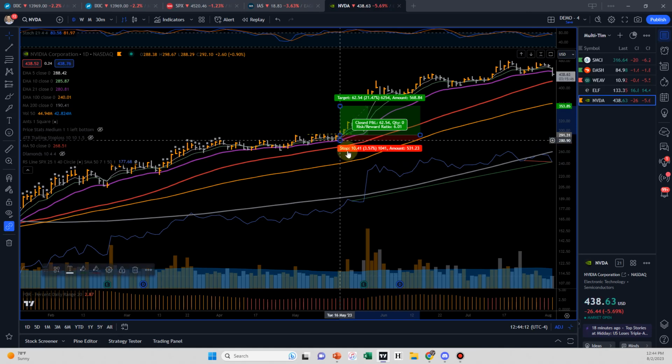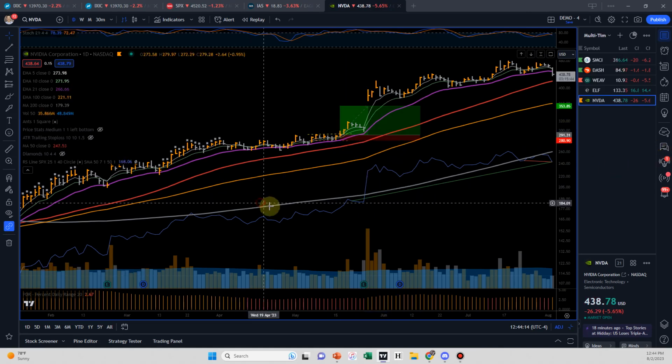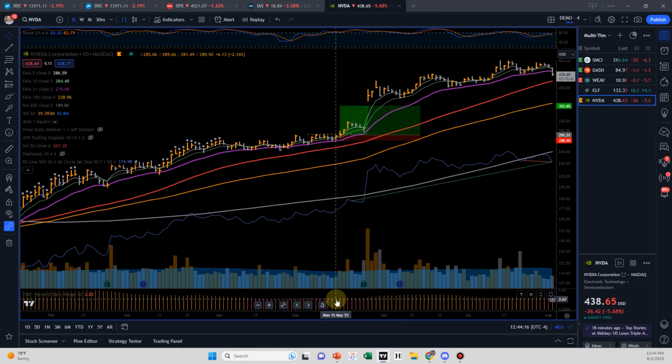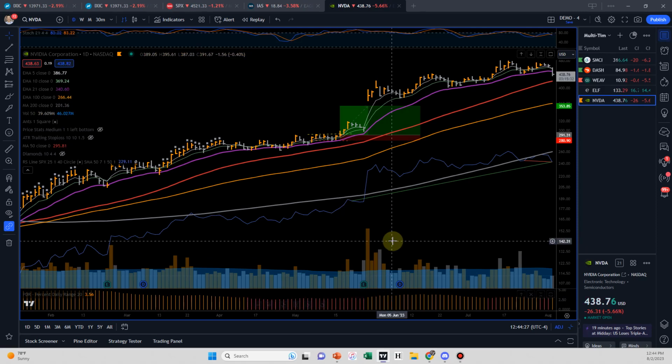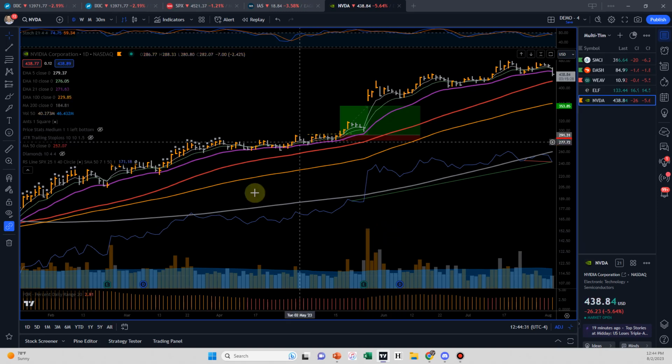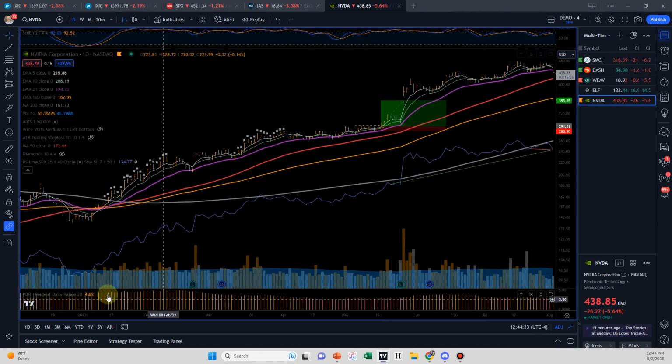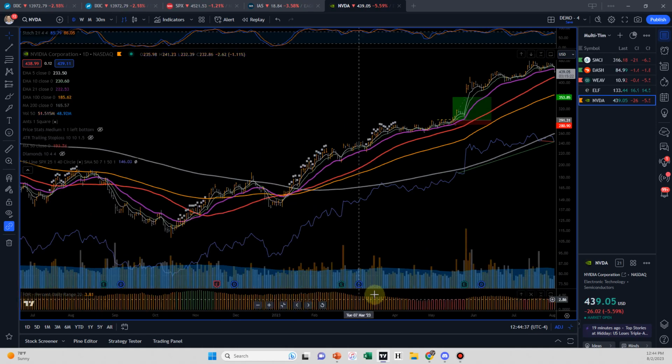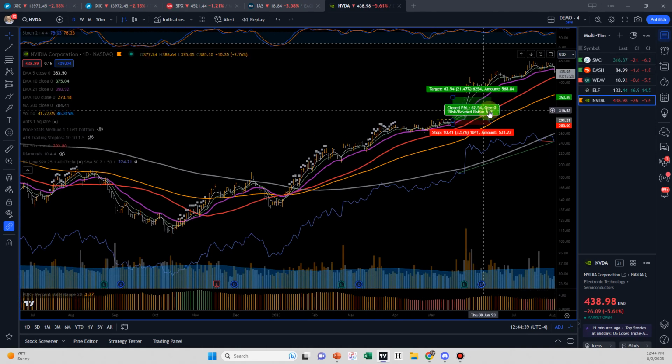Yeah, this was another 3.5% one from back here, and at that point the percent daily range was about 2.87, so around 3% at that point. But another way to use this percent daily range is to see what the trade is capable of doing.